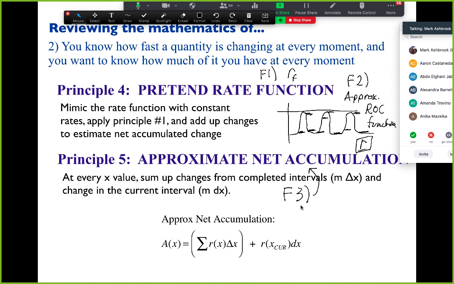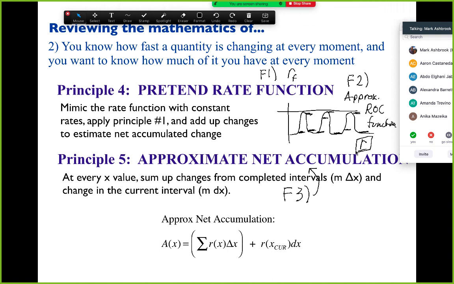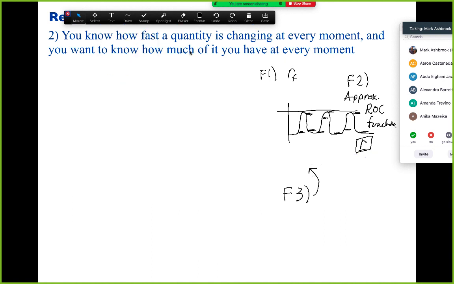And this was using our approximate rate function, right? Using R. So we got from R of F, our approximate rate step function, to our approximate accumulation function. And then what?